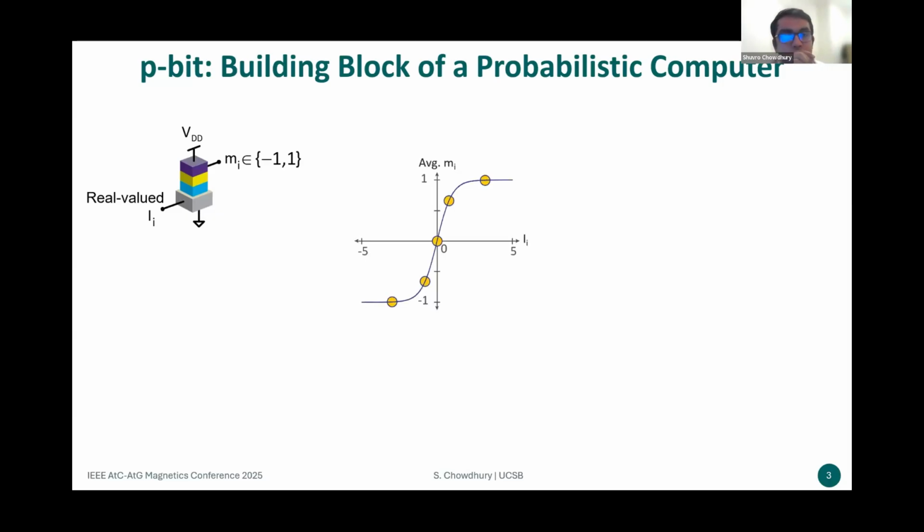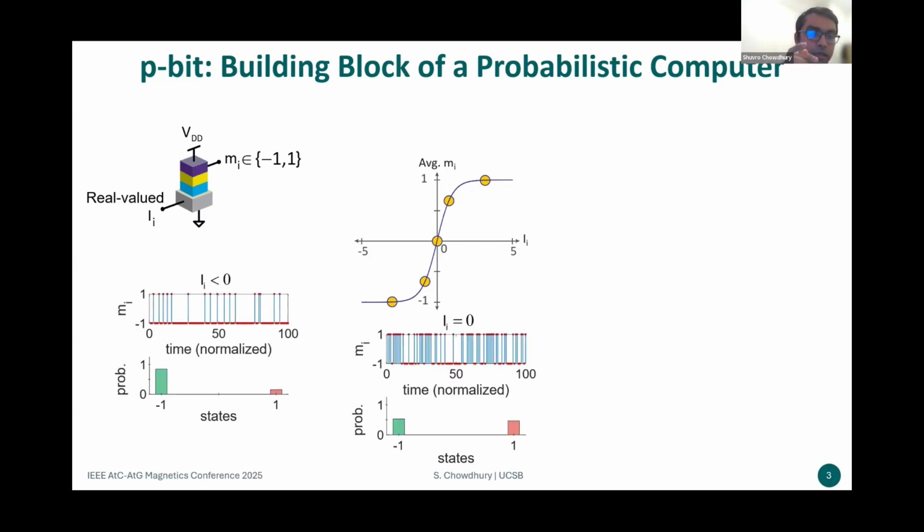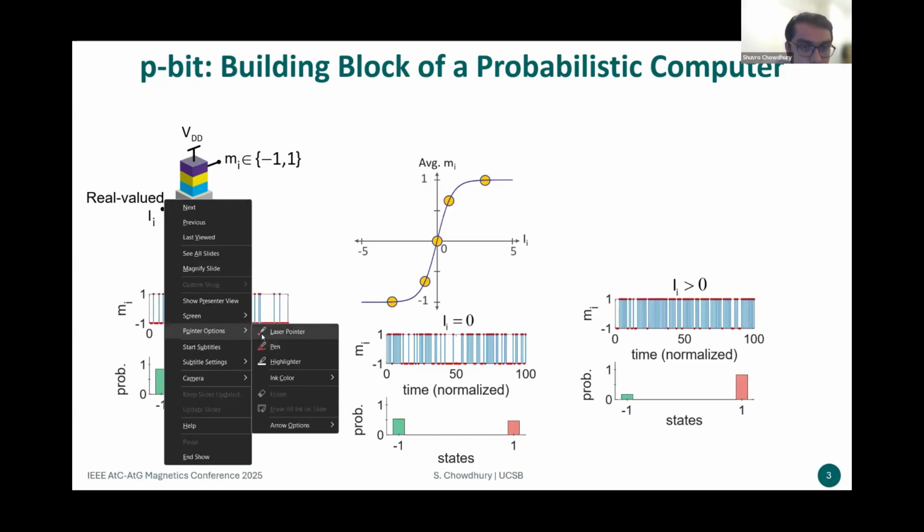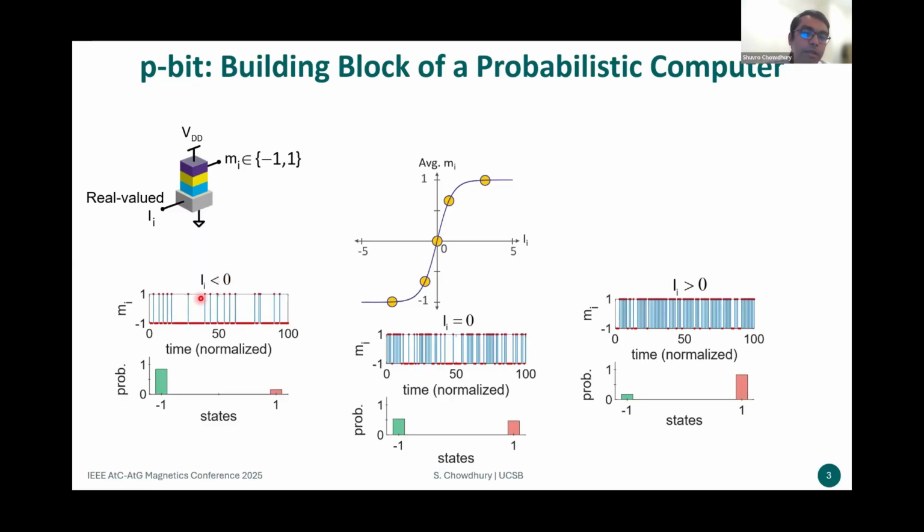Now, the ideal characteristics of a p-bit is something like this. Let me explain this a little bit. Depending on your device, the input might be a different quantity, voltage or current or something else. But if the input is negative, then the p-bit will try to spend more time in the -1 state rather than the +1 state.